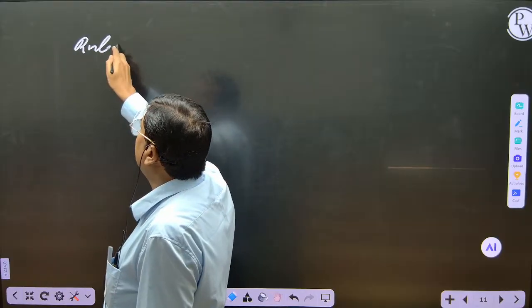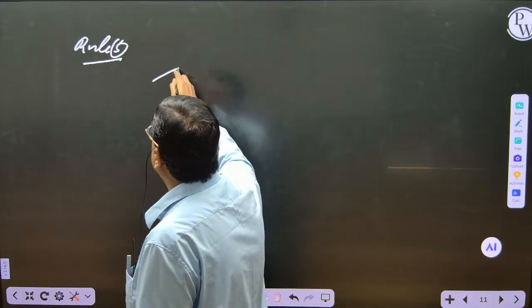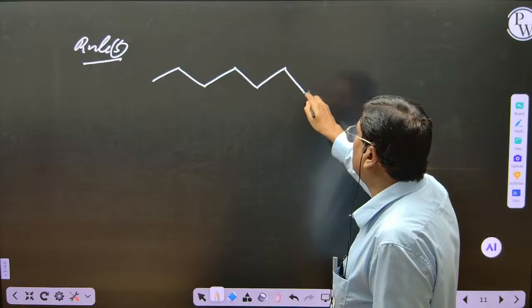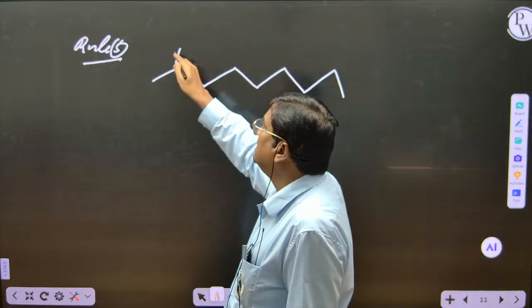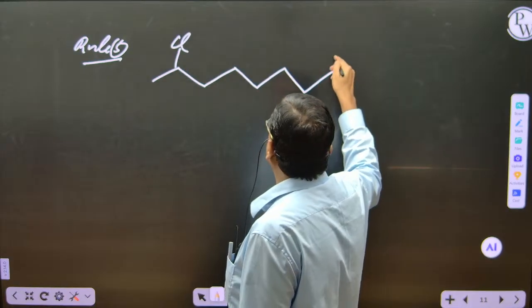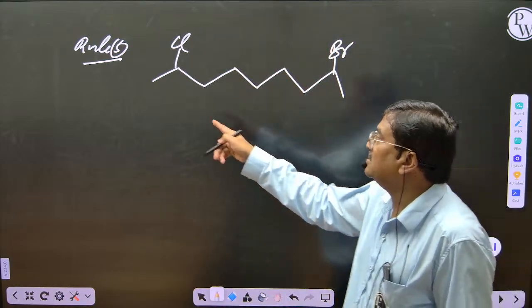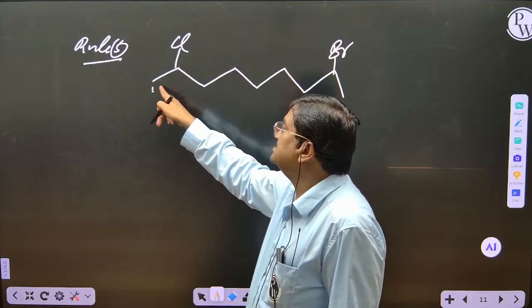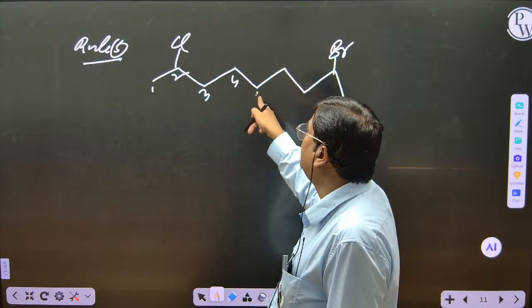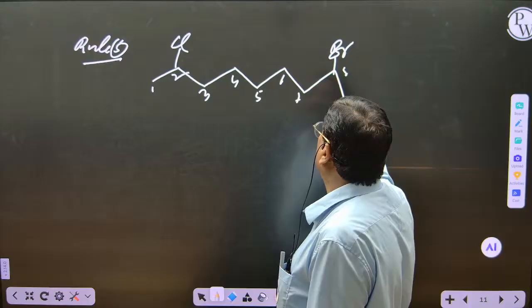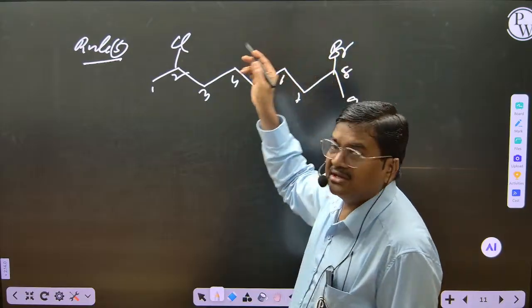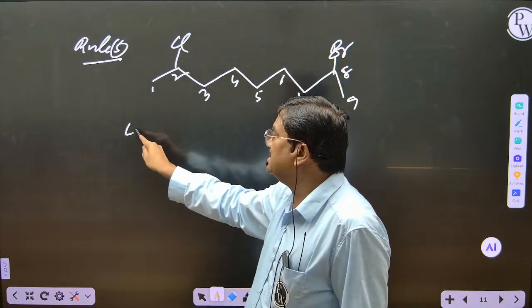Now see rule 5. Observe carefully. Here see one another case. This is a bond line I kept. Here I am placing Cl, here I am placing Br. Now tell me, students, select the long chain. Only one possibility, no? Straight, only one possibility. See, give numbering 1, 2, 3, 4, 5, 6, 7, 8, 9. Now tell me, the first locant from left to right is coming 2, no?